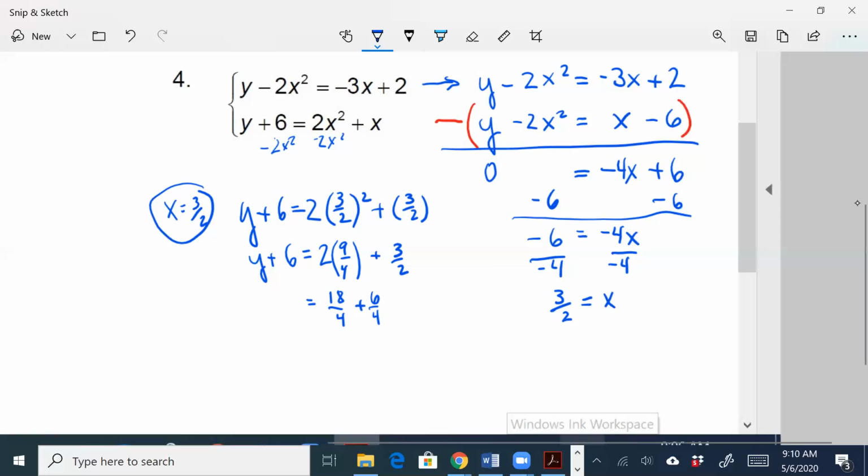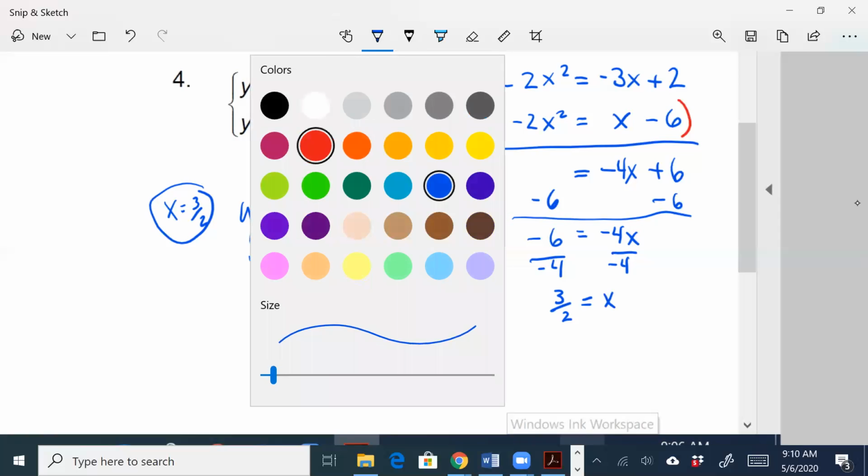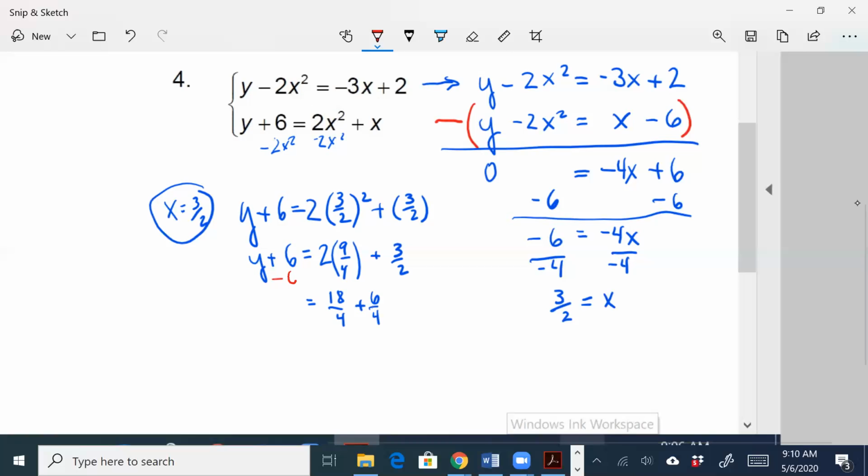I'm going to go back here and subtract 6 from both sides. So that minus 6 becomes minus 24/6.